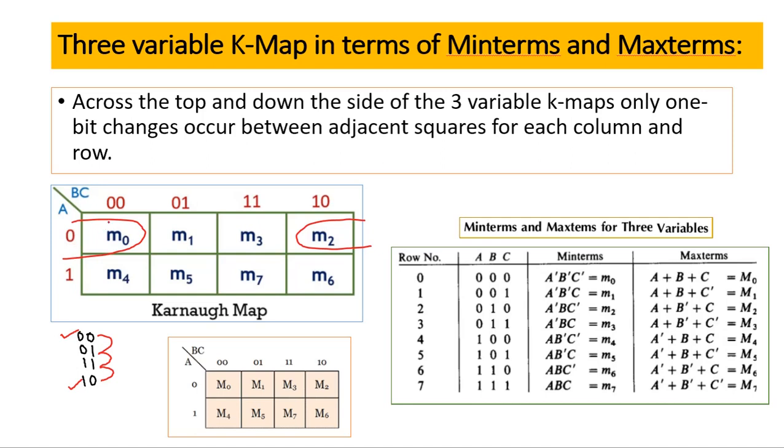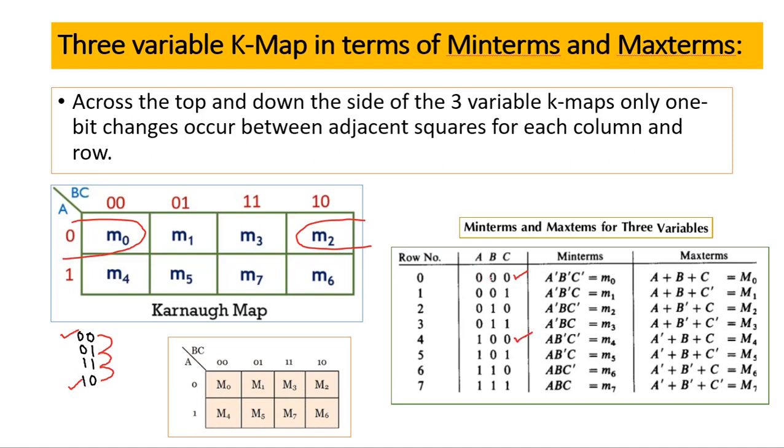And when you consider the column wise, for a 3-variable K-map, you can see that 000 corresponds to a decimal 0, whereas 100 corresponds to a decimal 4.